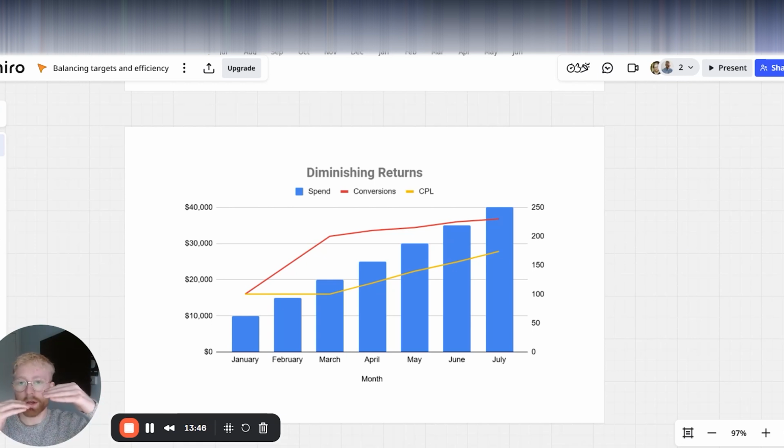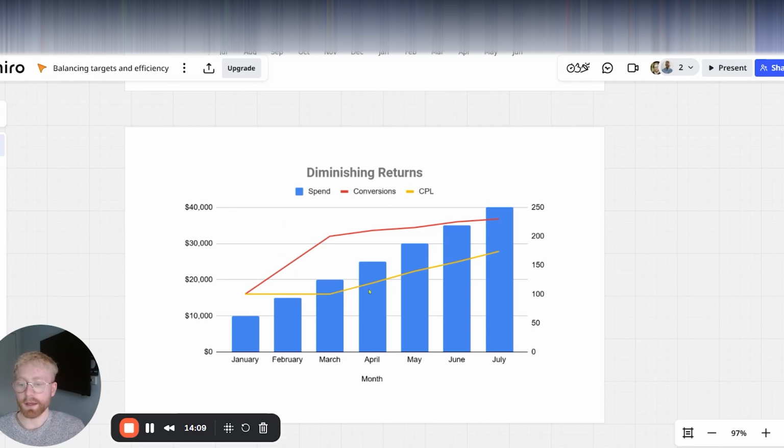Google is going to charge you more because more people are spending more money to get that additional lead volume. But the issue is more and more people are competing for that additional kind of 20% of lead volume, and therefore Google's going to charge you more money.